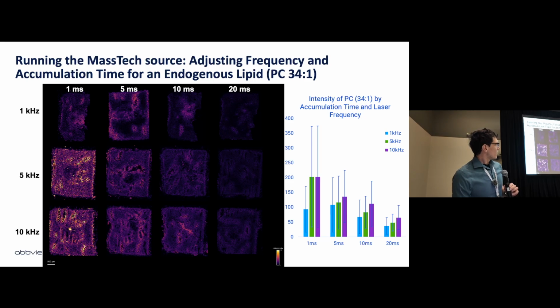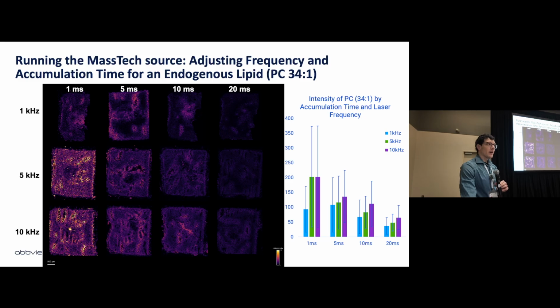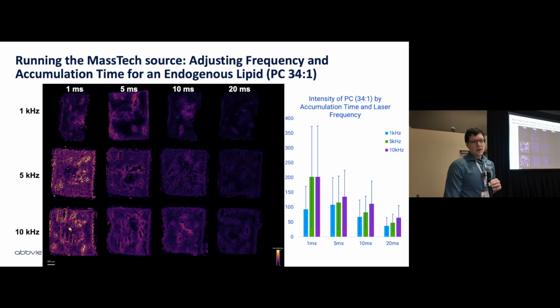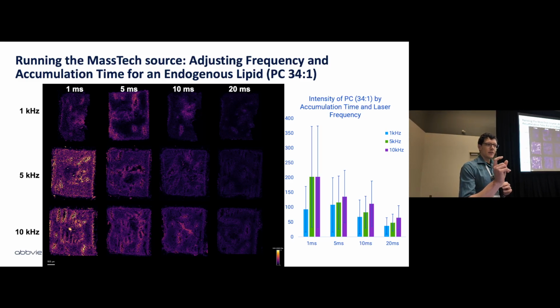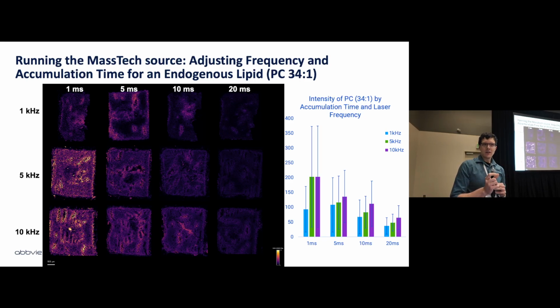But there is also this funny thing where I had been running some of these experiments on a SciAx 6500 Plus with a MassTech AP-MALDI source, and I've been running all those at 20 to 30 milliseconds for the accumulation time. And what I actually started to find is that as you decreased the accumulation time for these, I started to get better sensitivity.